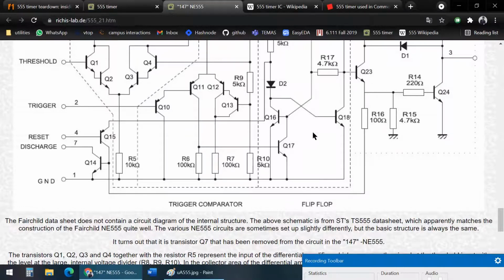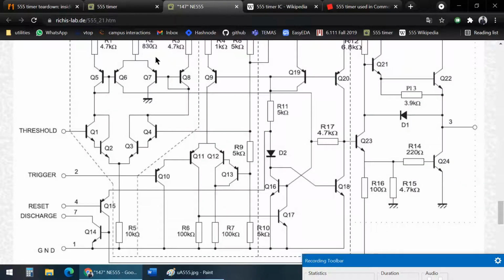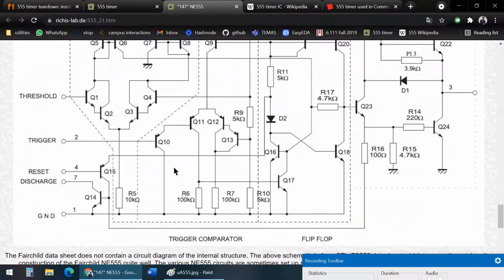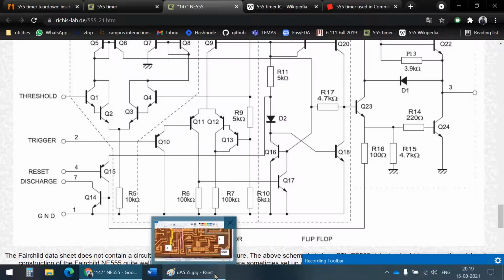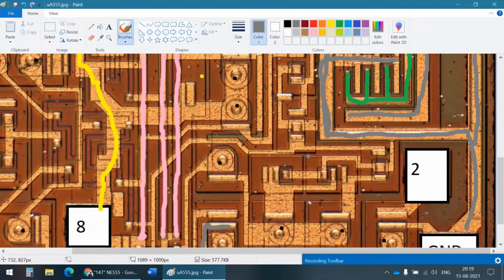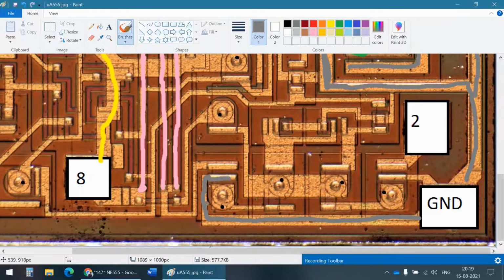Any other transistors connected to ground directly? I don't see. Q7 maybe? Q7 seems to be connected to ground. Or it could be Q17. Q17, Q18 are connected to ground. So this could be Q17 or Q18. We can't be sure.